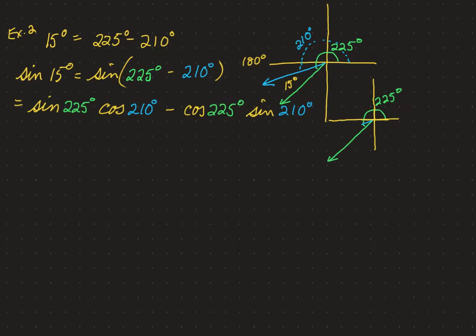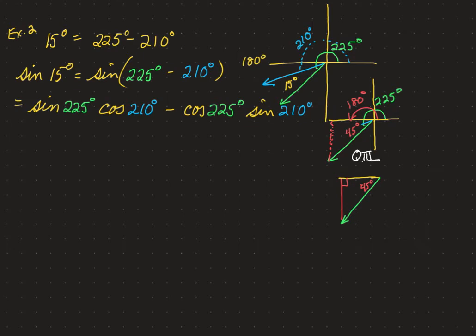Okay, a reference angle is always found by dropping a line or raising a line to the x-axis, forming part of a bow tie. And if this is 180 degrees, what is that reference angle? Well, the reference angle is 45 degrees. 180 plus 45 equals 225. And we have a 45-45 right triangle. Careful with these. This is in quadrant 3.